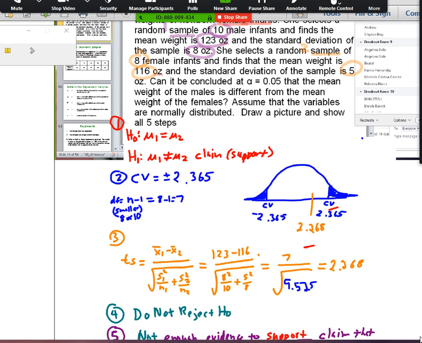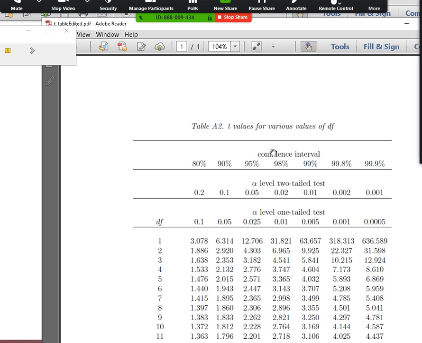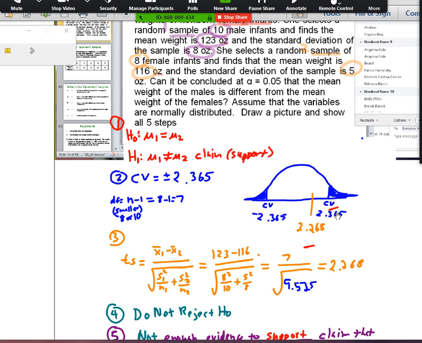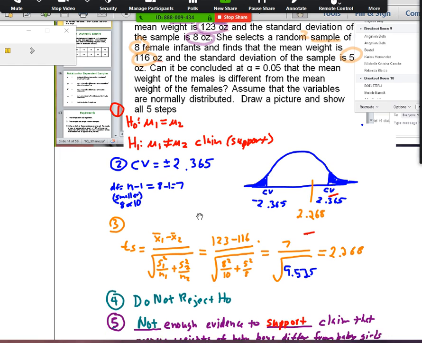So pop out your T-table, and you're looking at a two-tailed test, 0.05, degrees of freedom 7. That's going to be 2.365 right there. 2.365, positive, negative. And then we're going to do our stat test.